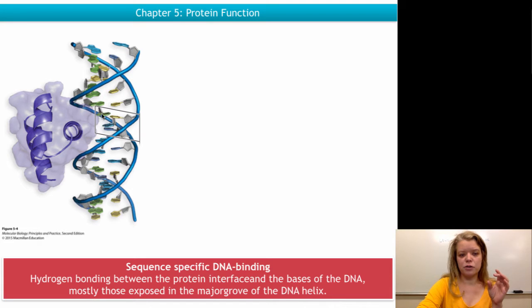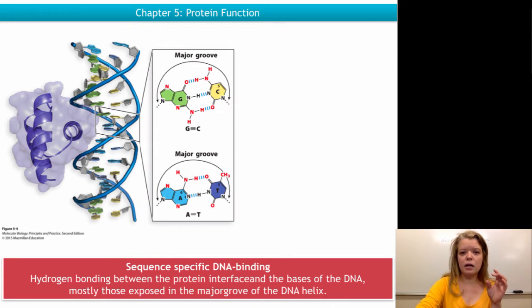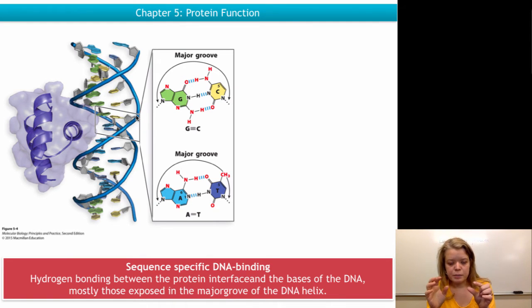This is the major groove. And because of the orientation of the bases inside the major groove, some parts of the nucleotides are exposed to either the water or to be able to interact with a protein.